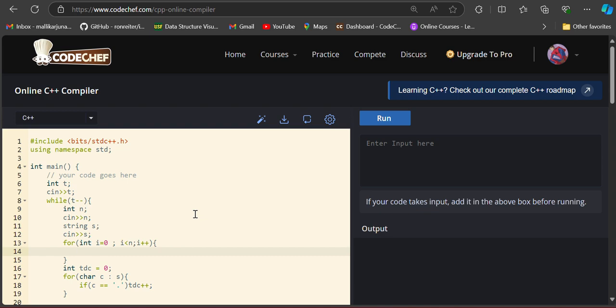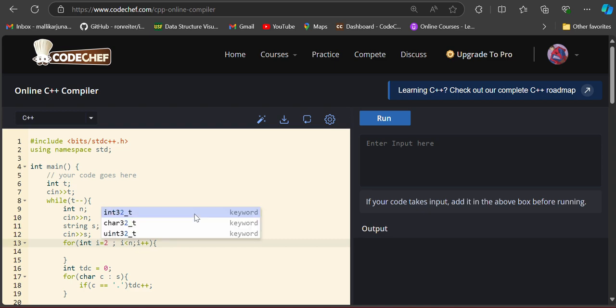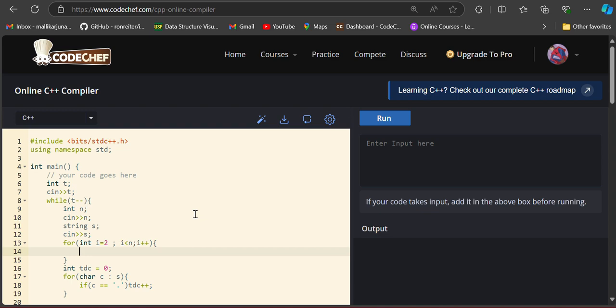If I start from zero, then 0 plus 1, 0 plus 2, it's a kind of risky and may cause an out of bound condition. So otherwise, we can start from 2 directly, because 0, 1, 2 are three indices, right? So starting from 2, up to the end of n.